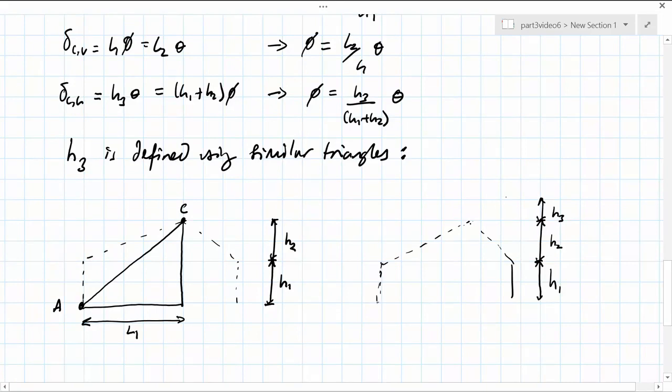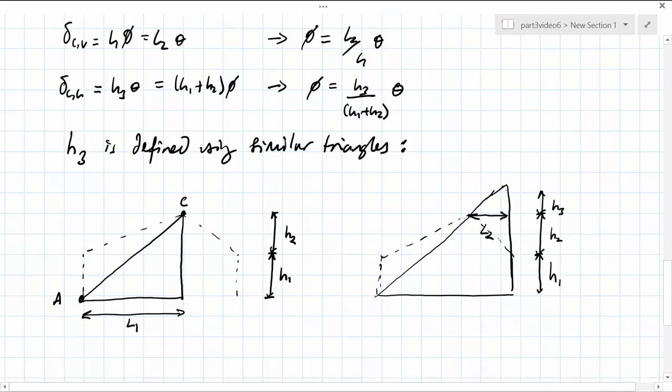We can then, using the same geometry, construct a larger triangle that also features H3 in its definition. And within that, we can see the base of the small triangle at the top is given by L2, which we know.